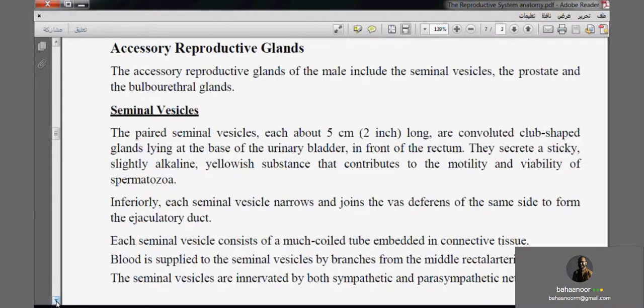They secrete a sticky, slightly alkaline, yellowish substance that contributes to the motility and viability of the spermatozoa.